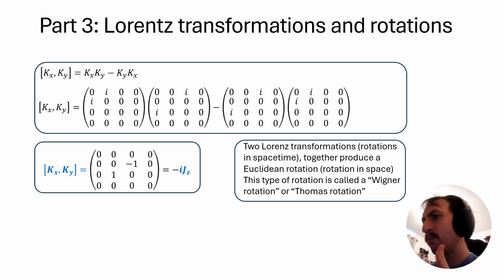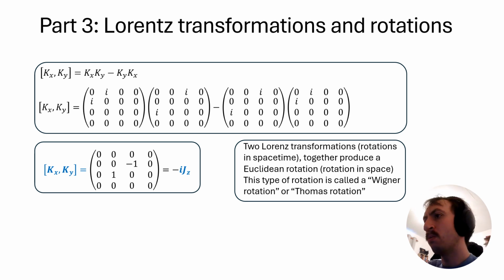And this is telling us something really cool. It's telling us, and you can see this formally through the use of unitary matrices, and considering things like similarity transforms, but we can see a very strong hint of it on this slide, that a Lorentz boost along one axis followed by a Lorentz boost along another axis is equivalent to a rotation about the third spatial axis.